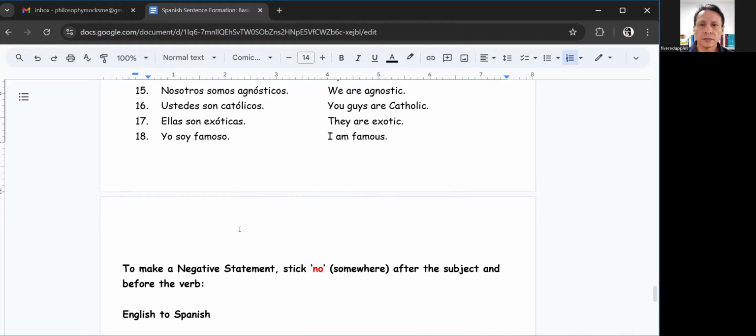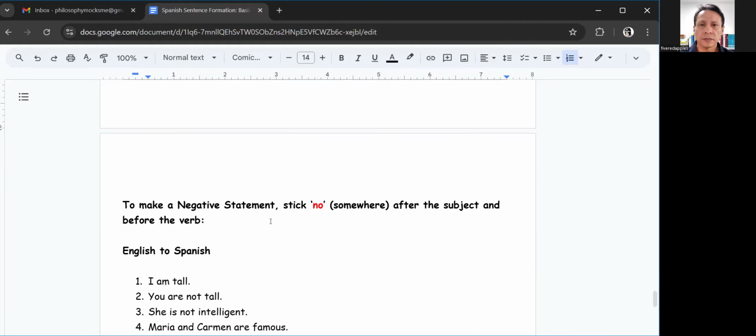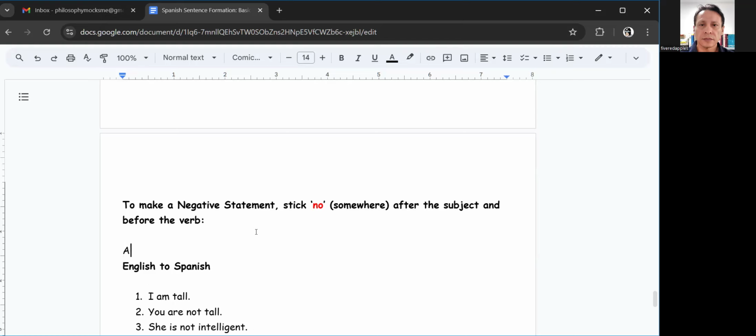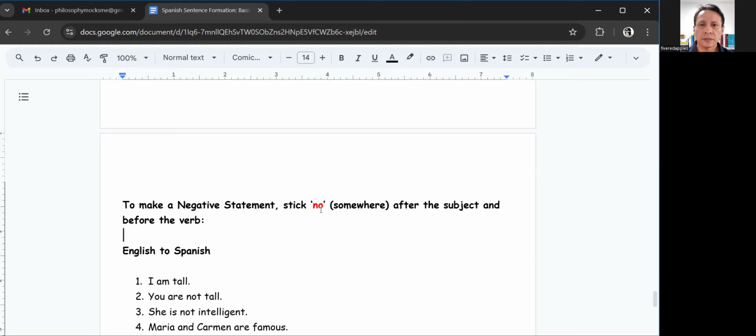Now we're gonna go to the hard part, the English to Spanish. I wanted to say one thing. When you make a sentence negative, all you're going to do is stick the no somewhere after the subject and before the verb. Because we're making simple A is B sentences, there's only one place to put it. So in Spanish, A is not B would be the form. By the way, I say somewhere before because it doesn't always go immediately before the verb.